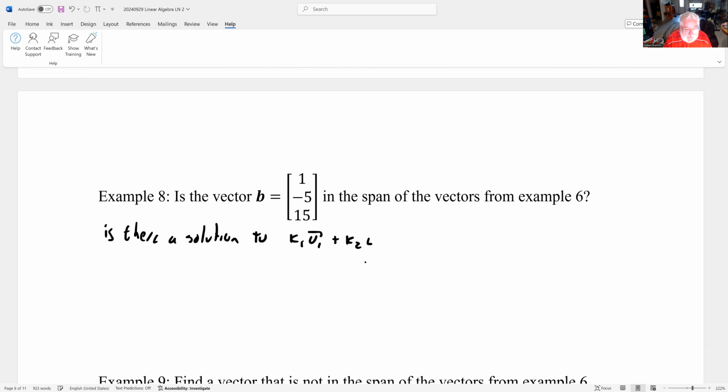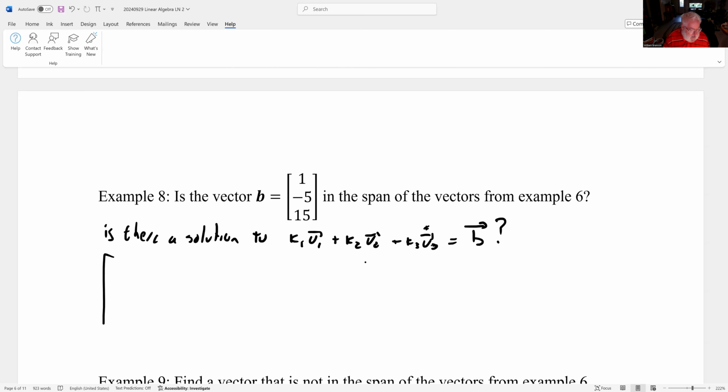Linear independence was saying that the only solution to these three things equal to 0 is 0, 0, 0. But here, what we want to know is is there any solution, one or infinitely many solutions to this? And we'd expect there to be infinitely many solutions because we have a duplication in our vector list. V3 is actually a combination of V1 and V2.